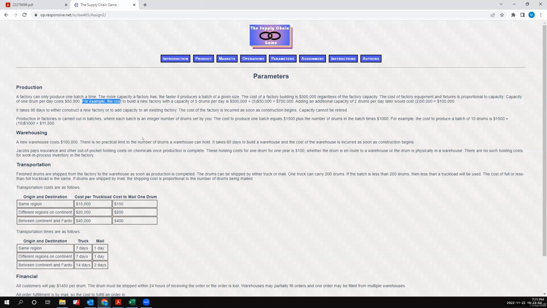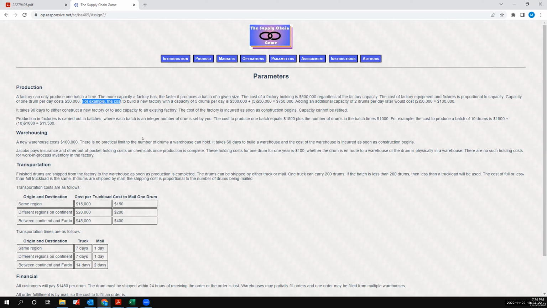It takes 60 days to build the warehouse, and the cost, as in the previous case, is incurred immediately. Jacobs pays insurance and other out-of-pocket holding costs. So you are still wherever the warehouse is. The company is going to incur a holding cost of $100 per drum per year.